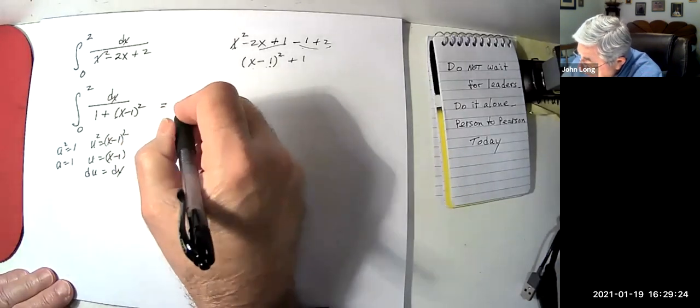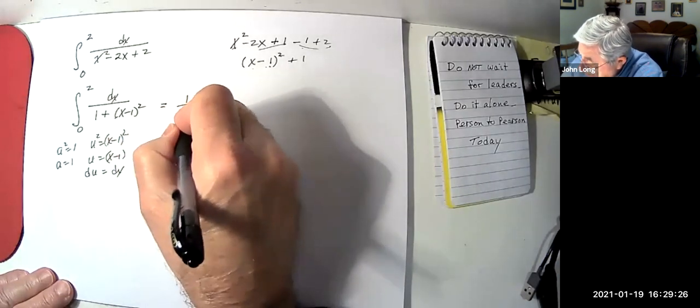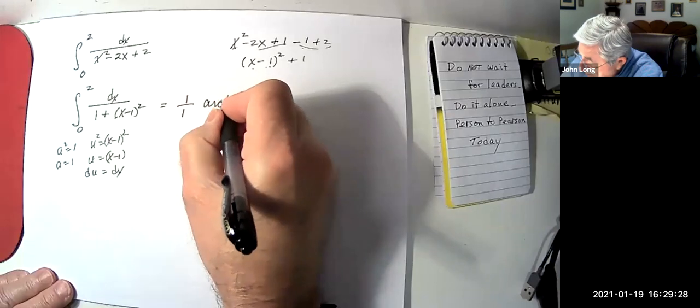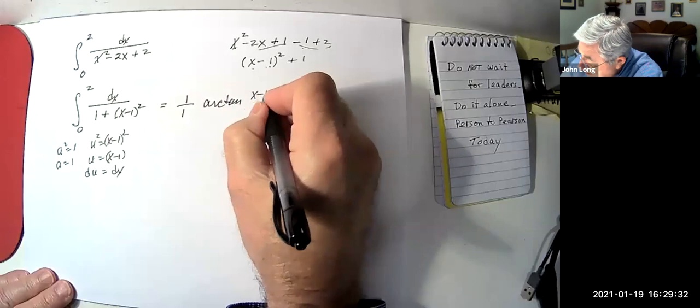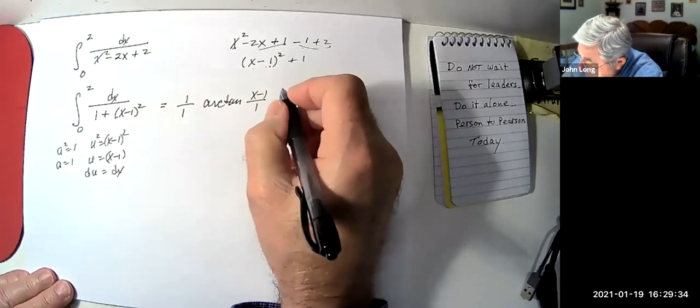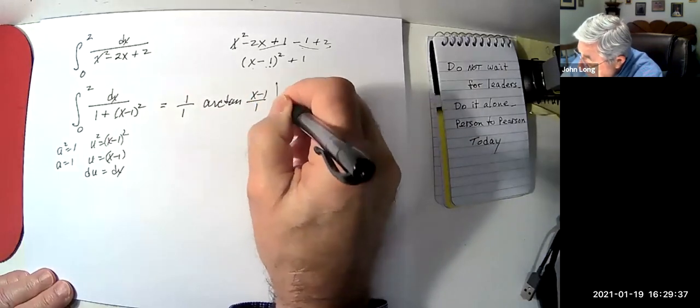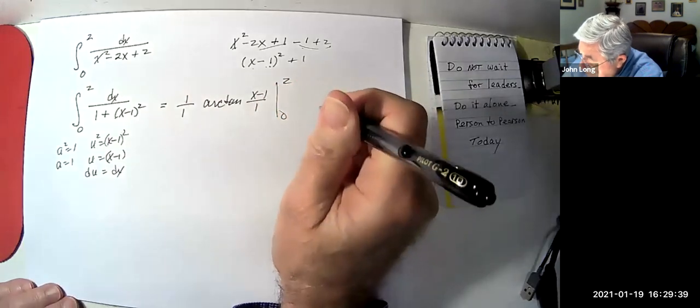So this is equal to 1 over a arctan u over a, which is x minus 1 over 1, and then this time evaluated from 0 to 2.